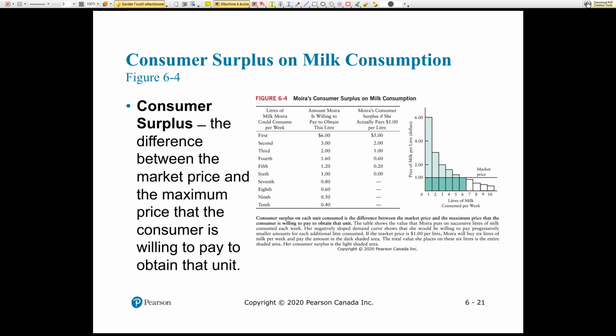And the value for the store of keeping this milk is much lower. So this is why people go to the store and why markets do exist. So this, I think, is nothing too complicated.